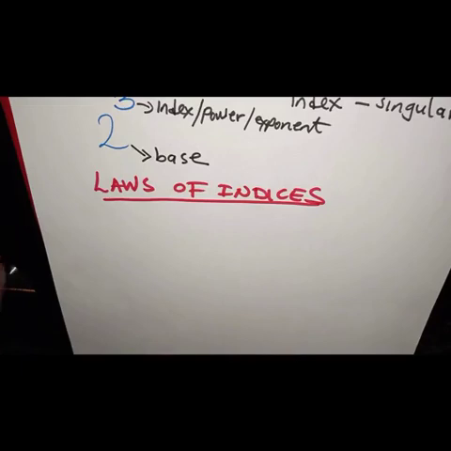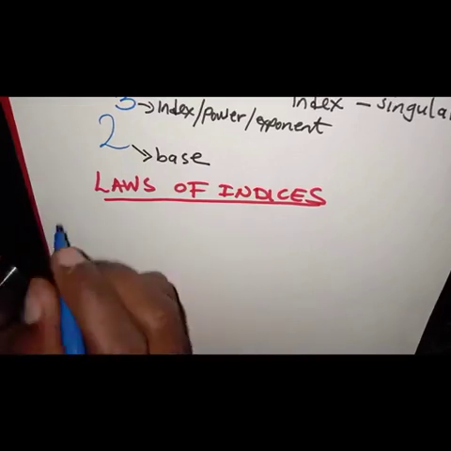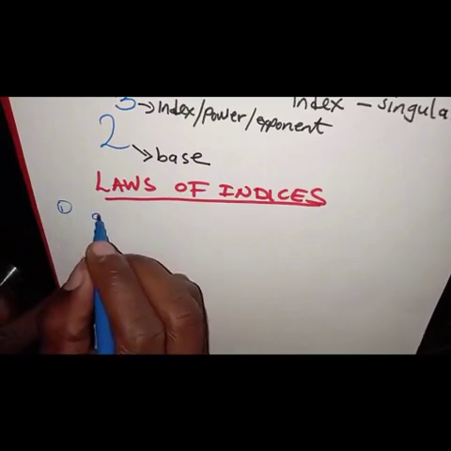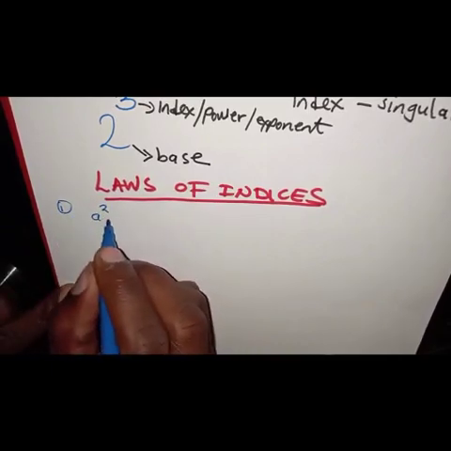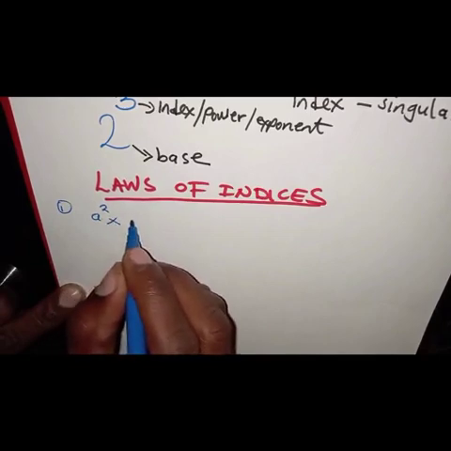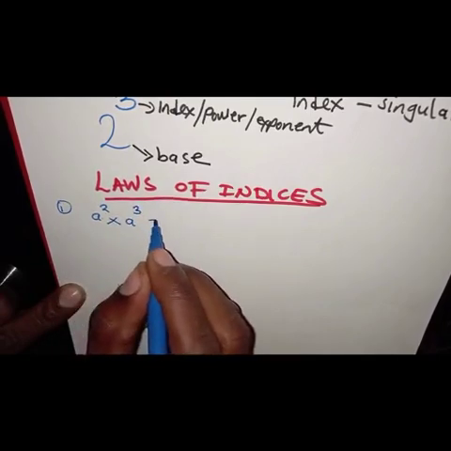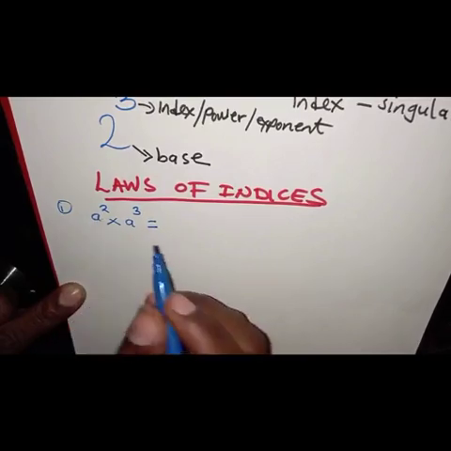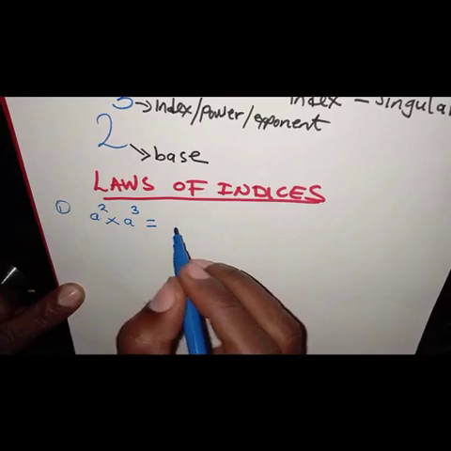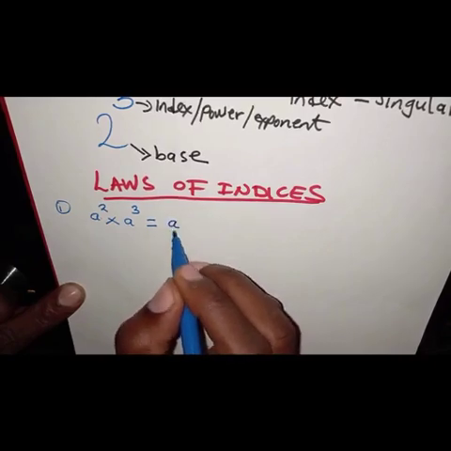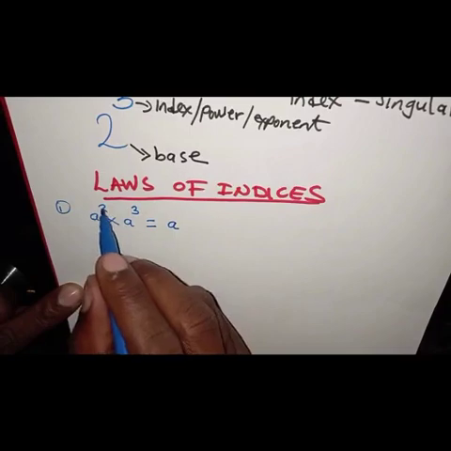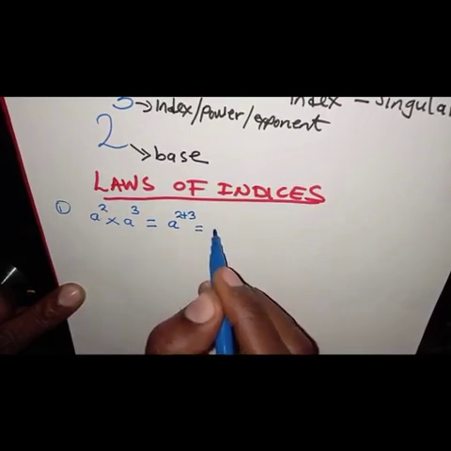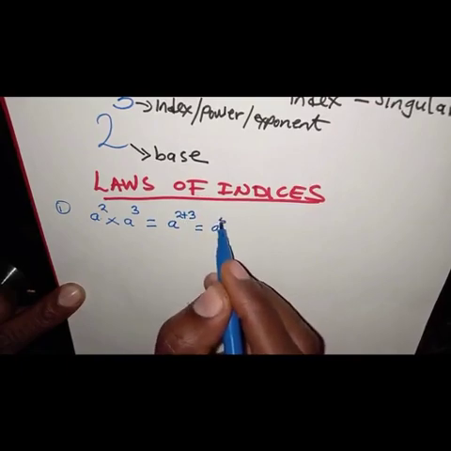So the first law says whenever you have the same base and you are multiplying, see, this is AA, these are the same bases and we are multiplying. This law says you write a single base because they are the same, then you add the powers 2 plus 3, of which in this case 2 plus 3 we can write 5.